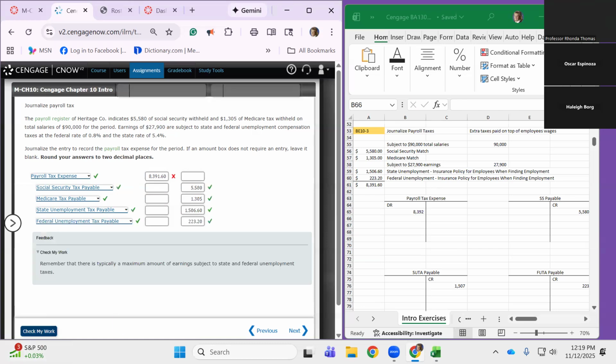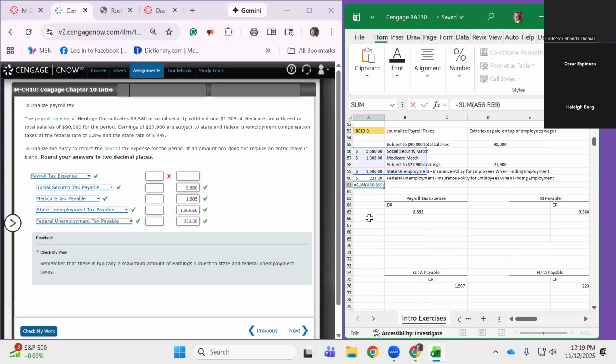Let's check it. Uh-oh. Hang on a minute. Let me see what I did. So all of these are okay. Let me see if there's a rounding thing. Sometimes Excel does this when you take things times 1.45.